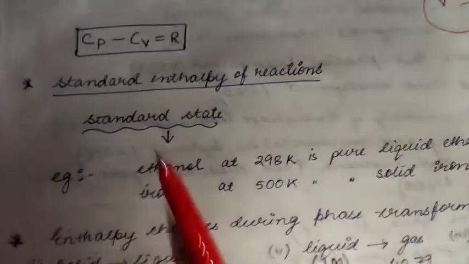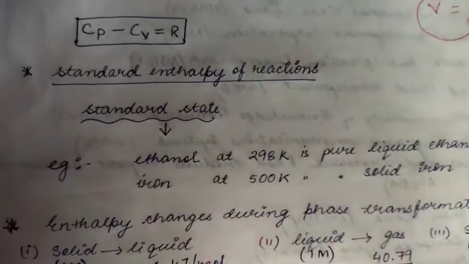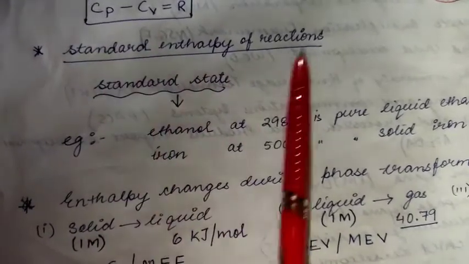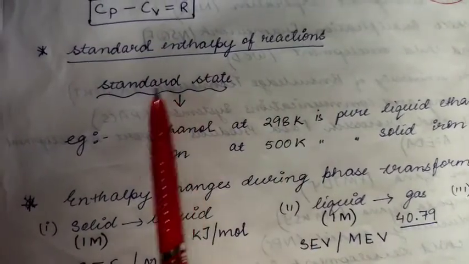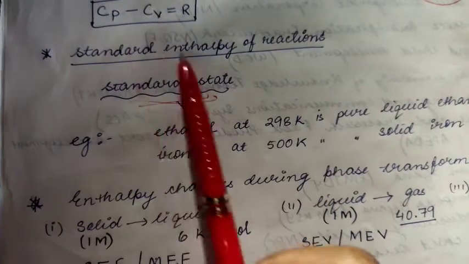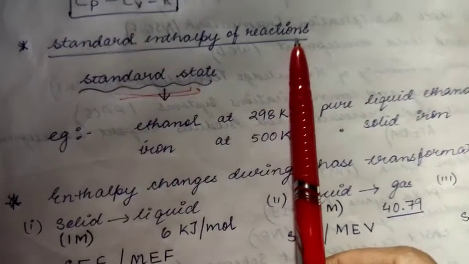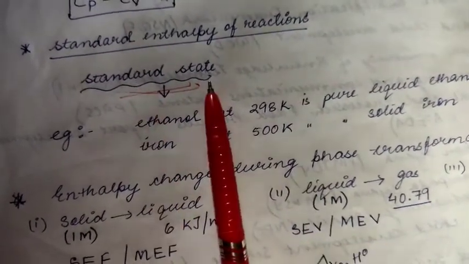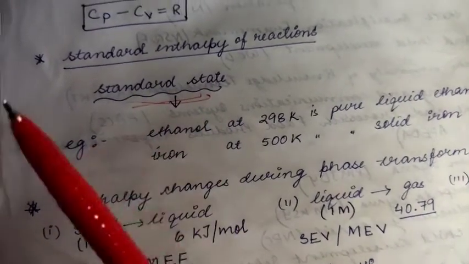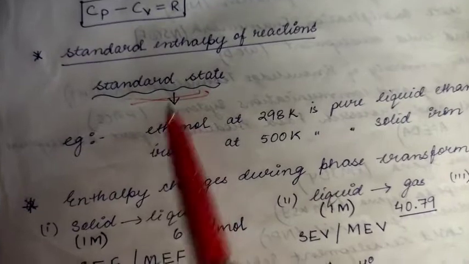Next, we will talk about the standard enthalpy of reactions. For that, we have to know what do you mean by standard state. First, we have to go through standard state, then we can define the standard enthalpy of reactions. So what is the standard state? The standard state actually is different for all substances.